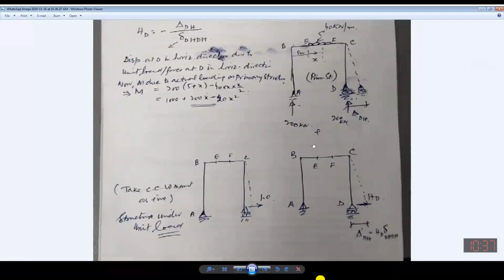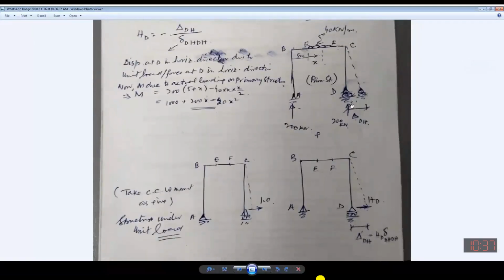Now in this case, as we have adopted the approach for the beams, I have taken the redundant in this direction, so I will have to show the displacement in the same direction. Now, under the effect of this 40 kilonewton, there may be some sort of displacement in the horizontal direction because this is roller support.